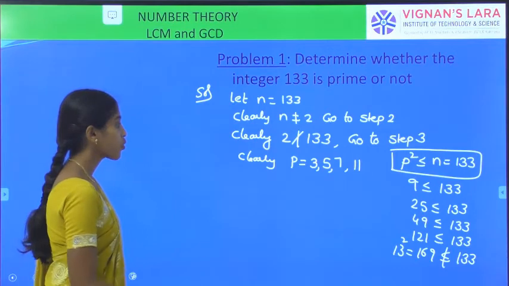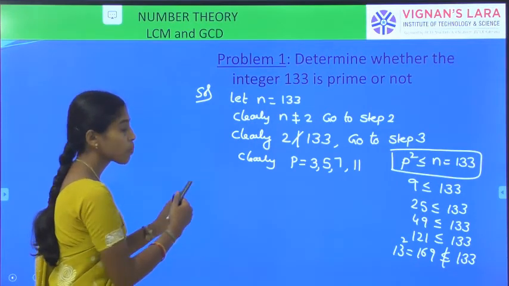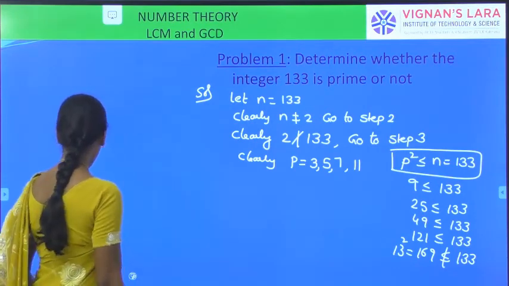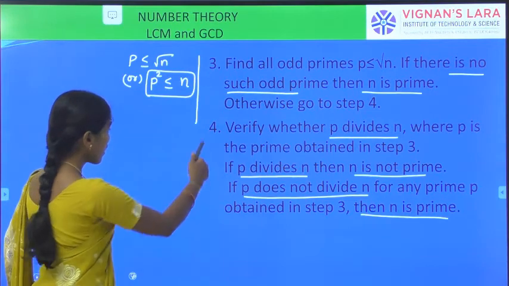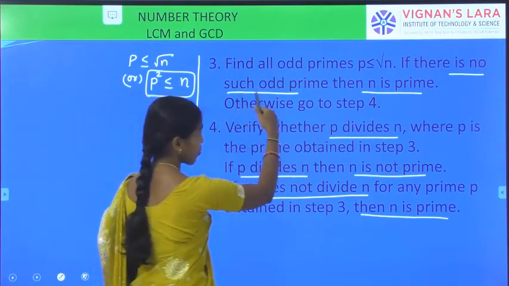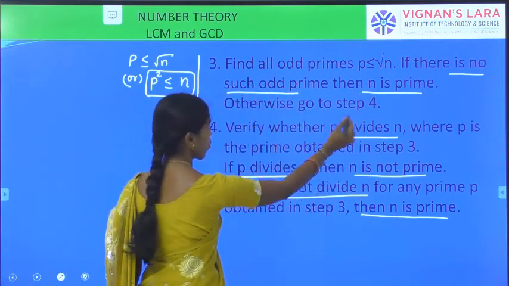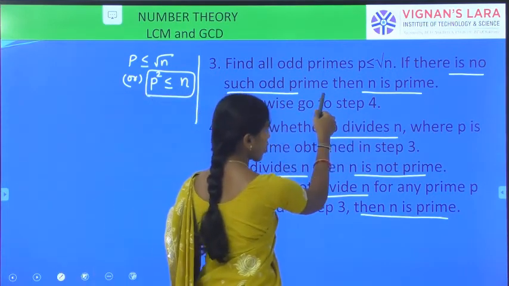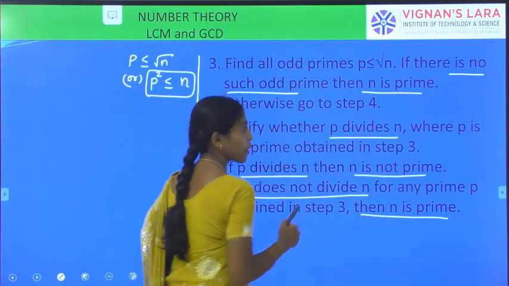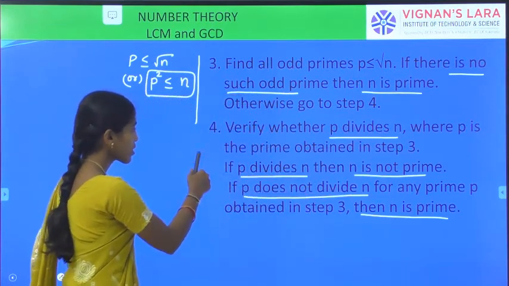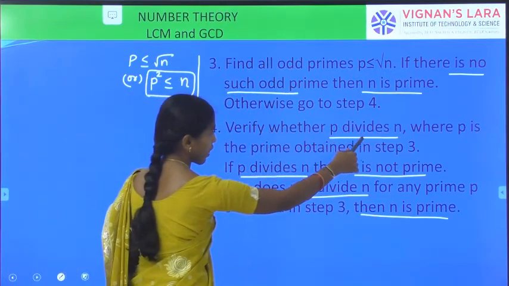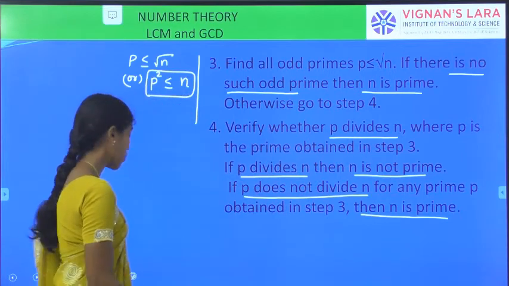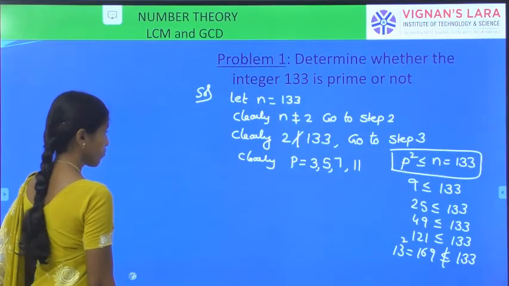Now we have to check whether these prime numbers divide the given number or not. See step 4: if such prime numbers exist, go to step 4. If such prime numbers do not exist, then n is a prime number. What is step 4? If p divides n, then n is not a prime number.